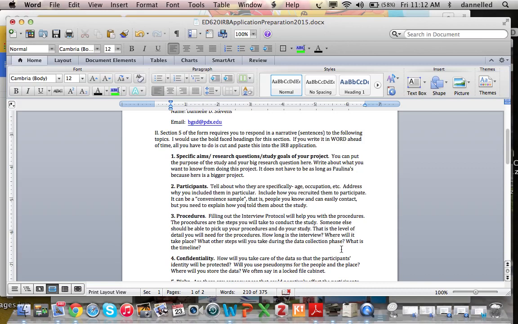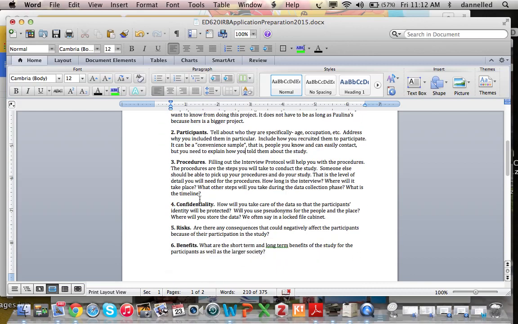Where will it take place? What other steps will you take during data collection? What is the timeline? Anything that helps someone else picture what the participants will be needing, and what the steps are that you need to take during this time.